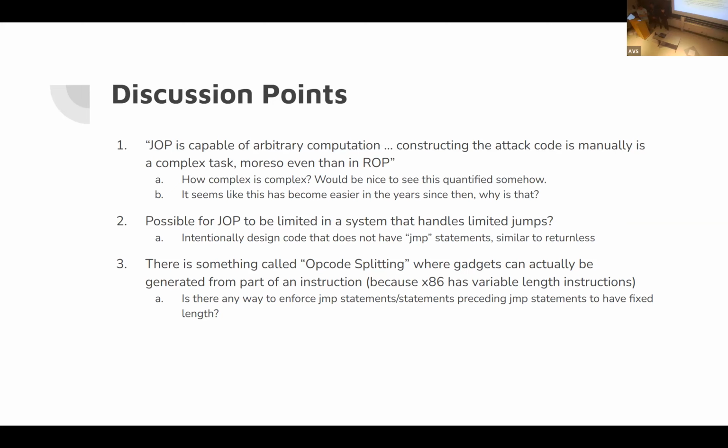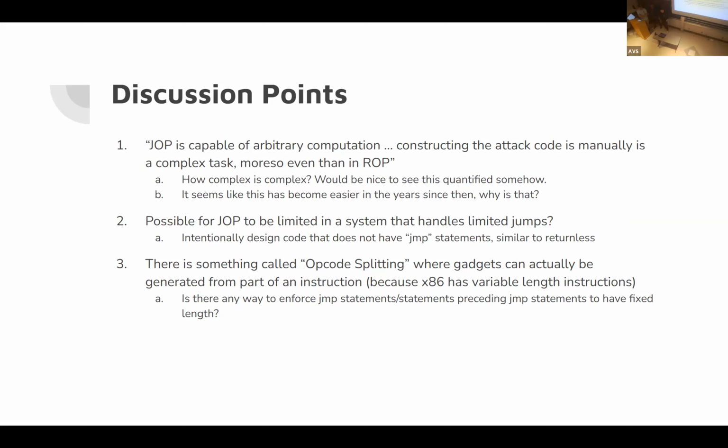If you design code that does not have many jump statements, you still find the jump statements in libc, you can find jumps somewhere else. So they need the initial gadget, which is essentially just exploiting the original code. Once you find that, then you jump to your dispatcher, which is essentially where all the addresses for those jumps are. And the rest is just jumping back and forth between them.